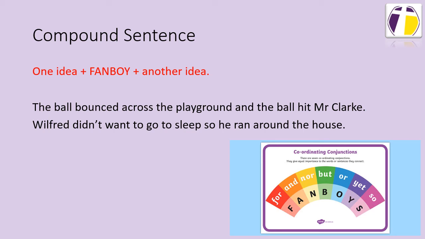Wilfred didn't go to sleep, so he ran around the house. In my first sentence, and is the FANBOYS conjunction that is linking these two ideas together. And in the second sentence, so is my FANBOYS conjunction, as it is linking the two ideas in that sentence.